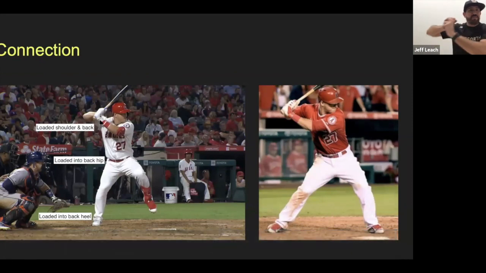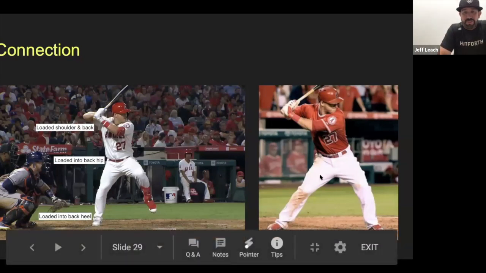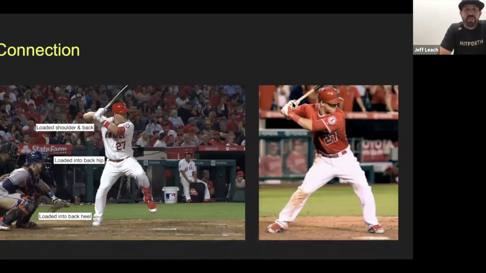So his hands are drawn back and loaded. As he strides forward and gets to heel strike here, he still has his heel on the ground. He is still loaded in his back hip, and he still has drawback. He has not unloaded his swing yet. He has stayed into his hip, stayed into his back heel, and stayed into his back. He still has connection that allows him to make an adjustment.